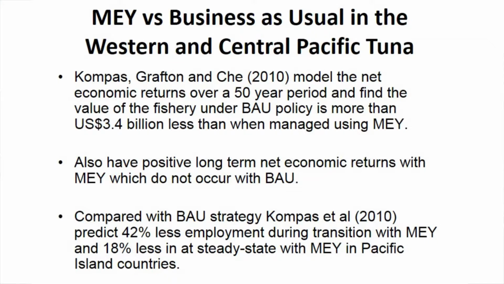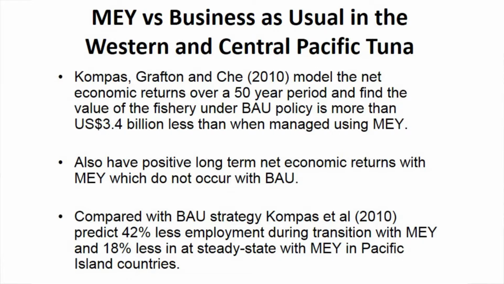As an example, these authors use a dynamic bioeconomic model to solve for both the MEY biomass target and the optimal transition path. Their findings show that the value of the fishery under a business as usual policy is more than $3.4 billion less in present value than when managed to a MEY target.